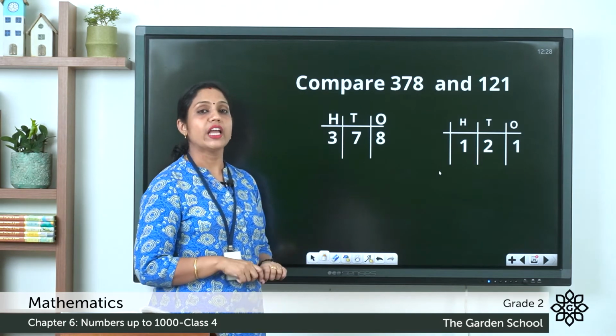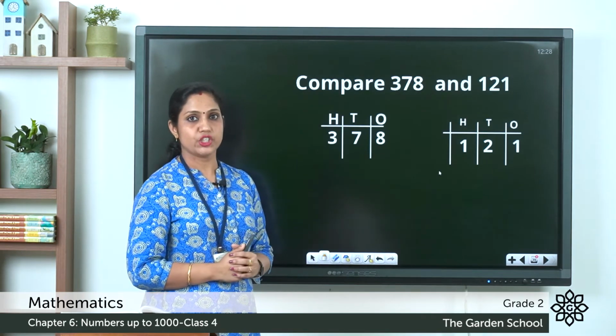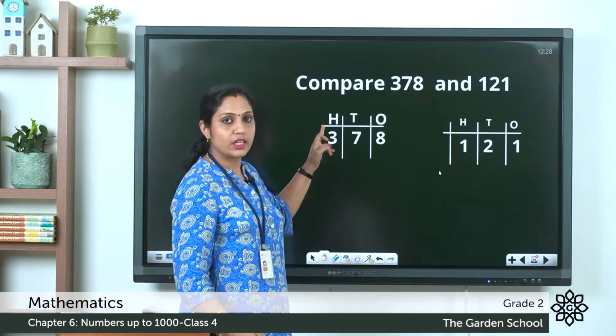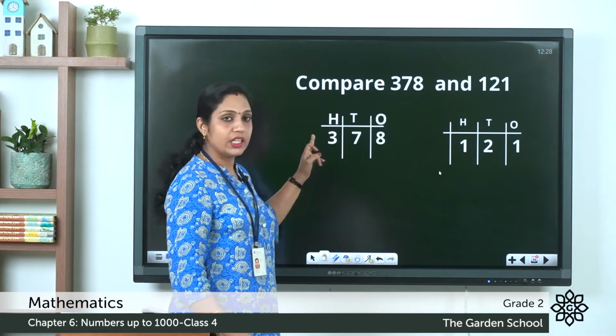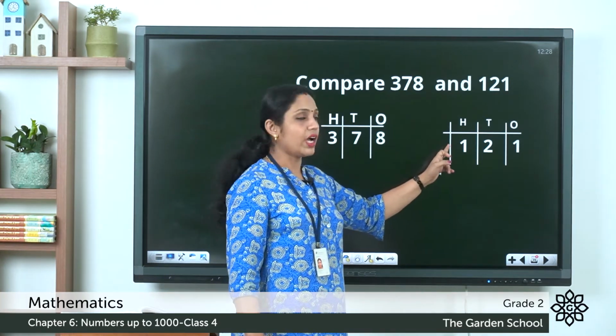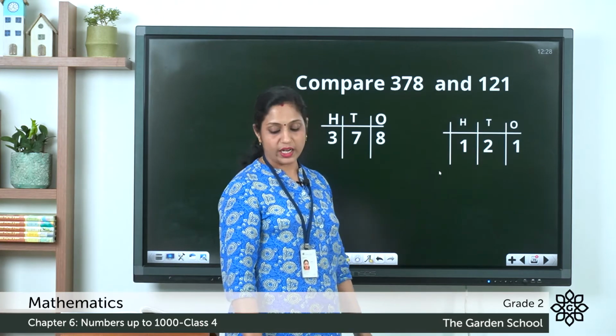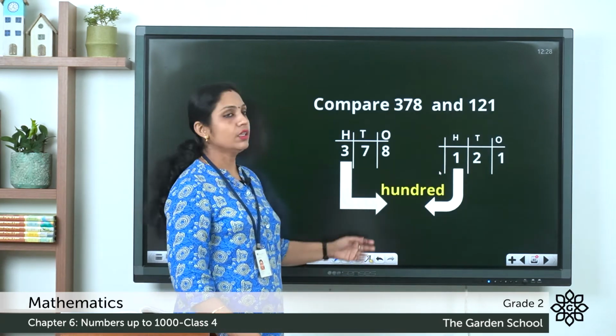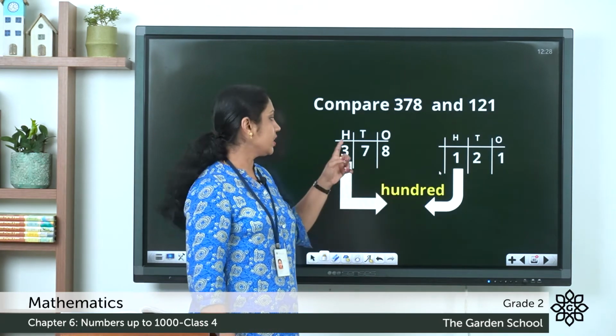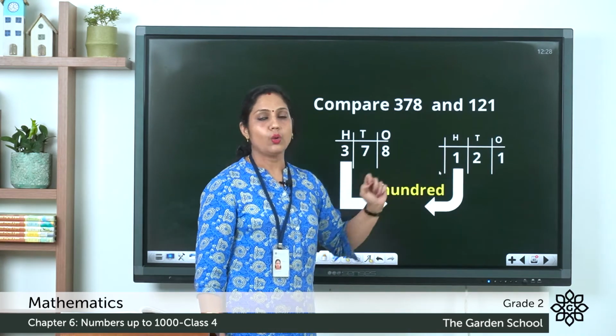To find out, we have to check the hundreds position here. So in the number 378 we have 3 hundreds, and in the number 121 we have 100. So which one will be greater? Is it 300 or 100?